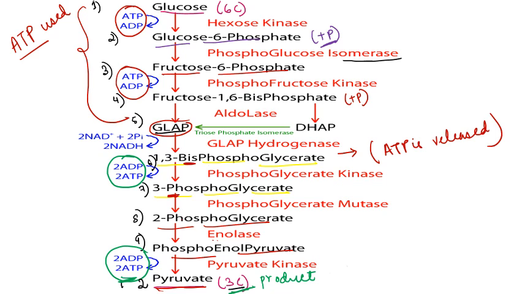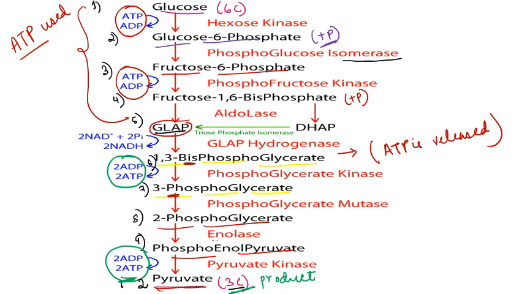It gets converted to fructose 6-phosphate. Now, fructose 6-phosphate, what will it do? It will again take phosphate from ATP and get converted to fructose 1,6-bisphosphate. Right? Fructose 1,6-bisphosphate gets converted to glyceraldehyde phosphate, which then changes to 1,3-bisphosphoglycerate, 3-phosphoglycerate, 2-phosphoglycerate, phosphoenolpyruvate, and then pyruvate.